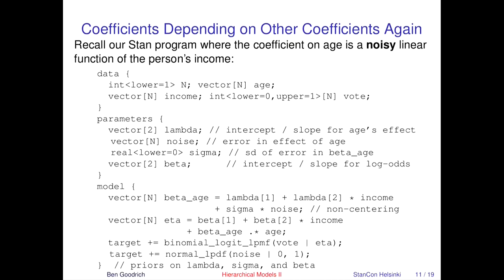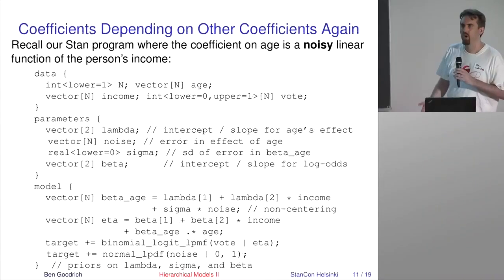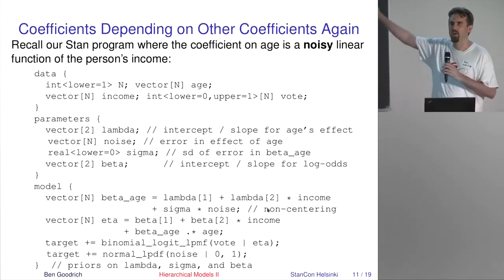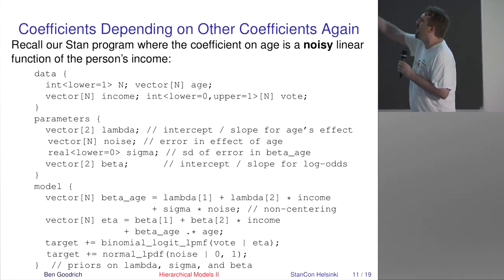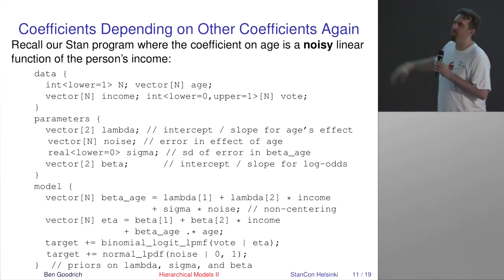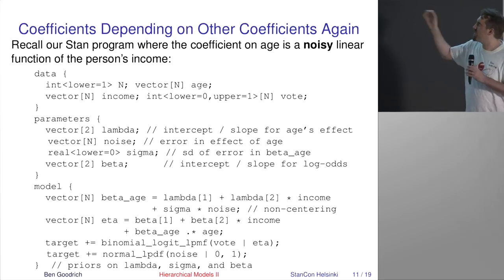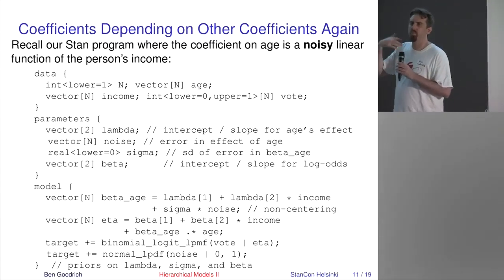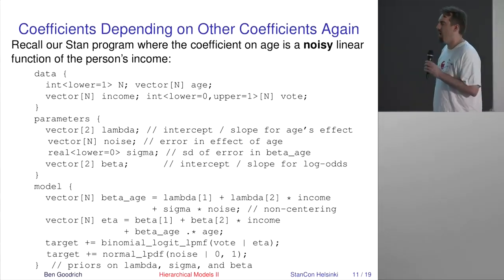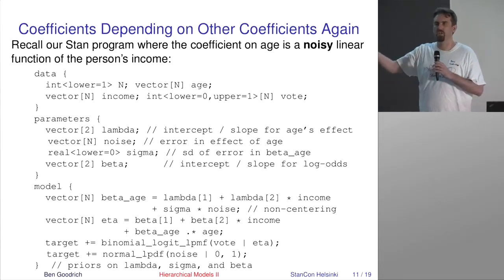So if we go back to the example we talked about before the break, where we had an interaction term and the coefficient on age was a noisy linear function. I said at the time we were using a non-centered parameterization, where we take noise, which we give a standard normal prior, and scale it up by sigma, so that sigma times noise, before we see the data, we believe has a normal distribution with mean 0 and standard deviation sigma.